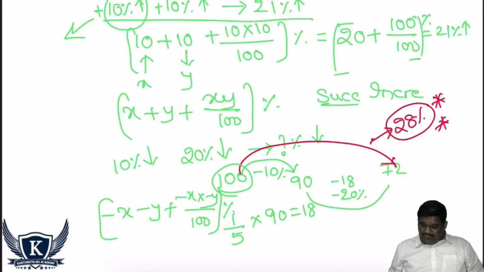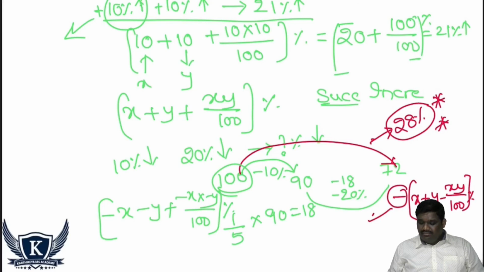If you want to go further, if I take minus common from it, this can be written as x plus y minus xy by 100 percent. What does this minus symbol mean? Minus symbol means discount or decrement. Both words are the same.